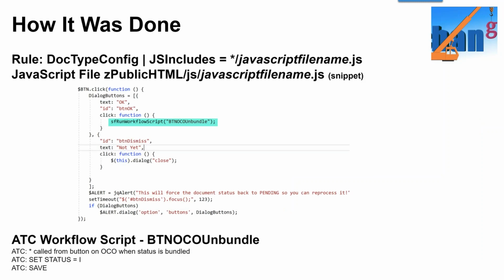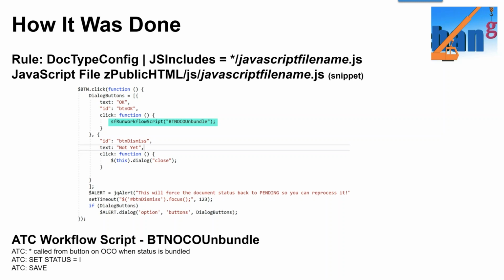Okay, so we've seen JavaScript and workflow script before, and here's an example that does a little tiny bit of both. There's a small snippet of JavaScript that decides when to put a button on the screen. And you can see when that button is clicked on, the green highlighted line runs a workflow script.